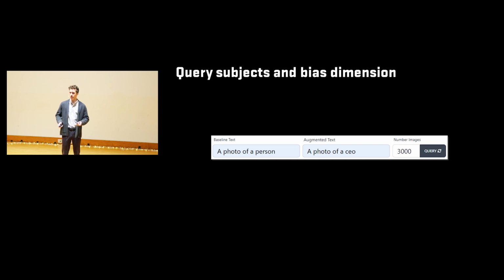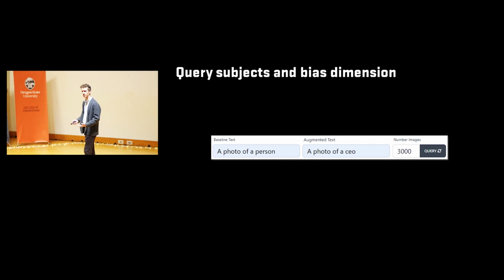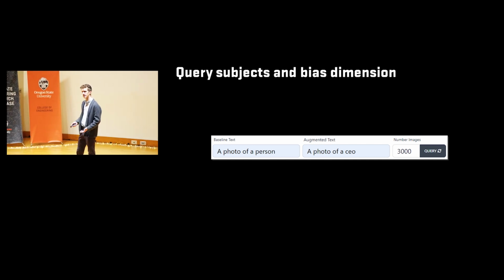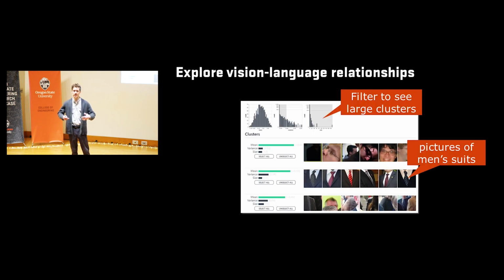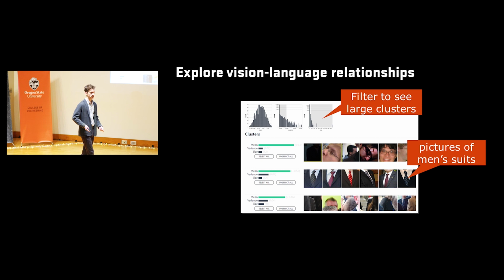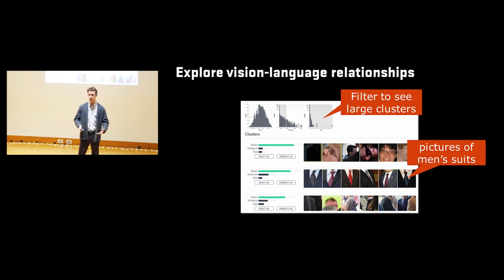We first allow auditors to ask a question or a query to the AI that they're studying, specifying a subject that they're interested in, like photos of people, and a bias dimension they would like to evaluate, such as if there's certain types of people the AI systemically believes to be like or unlike a CEO. Then we allow the AI to respond back to the auditor, to provide several sets of images that it believes itself to be demonstrating biased behavior around, and allows the auditor to explore these.